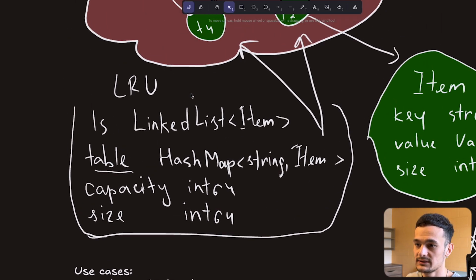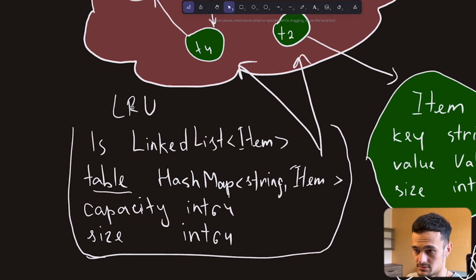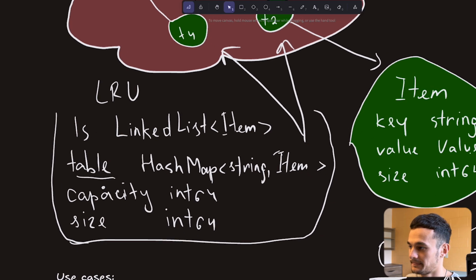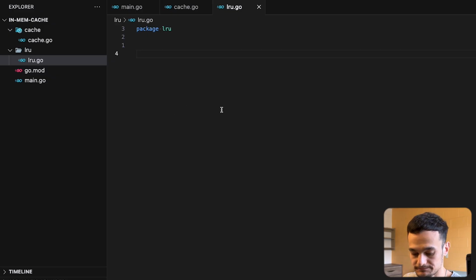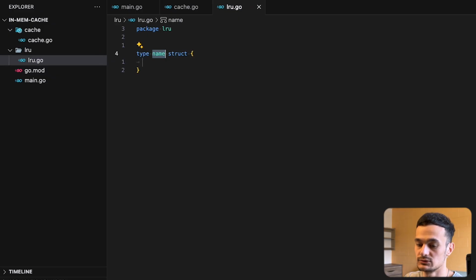I'm going to define this as a data structure, LRU, which will contain these fields. I'm going to create this item as well, because these are the actual items that are residing in our memory. Let's start with the LRU cache.